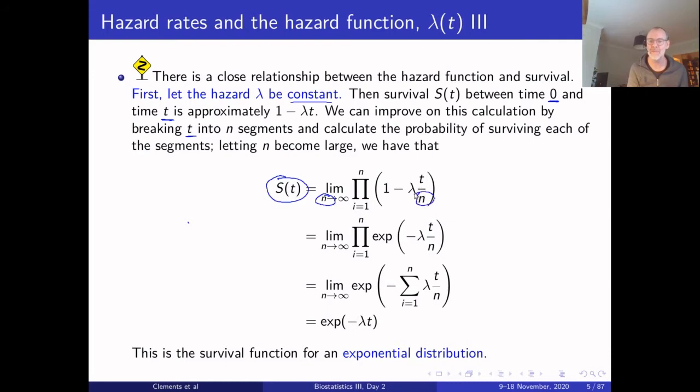As n becomes larger, this becomes smaller and smaller, and 1 minus this value is approximately equal to the exponential of minus lambda t over n. So we can use the exponential, and once we've got the exponentials, we can put the product inside, and it becomes a sum, and then this just reduces down to this value here. And this is the survival function for an exponential distribution.